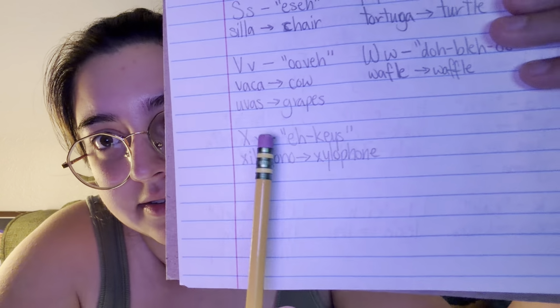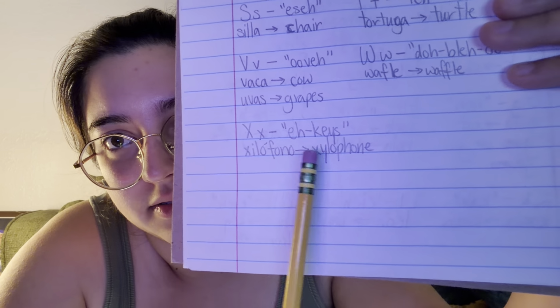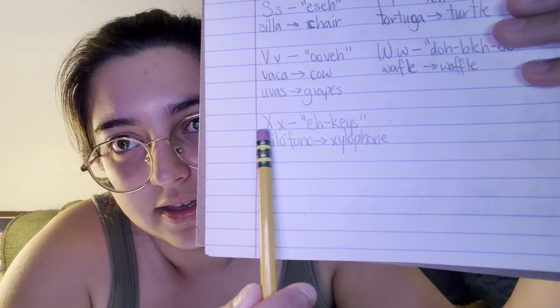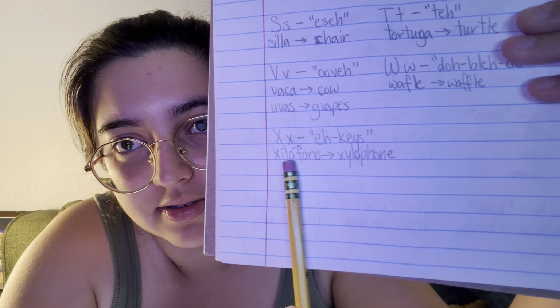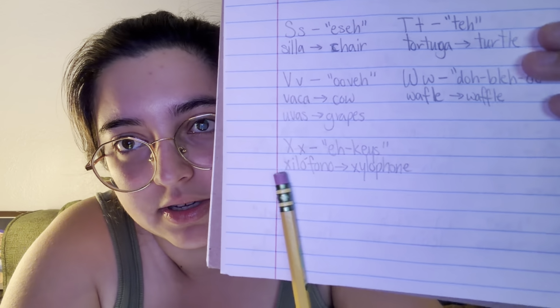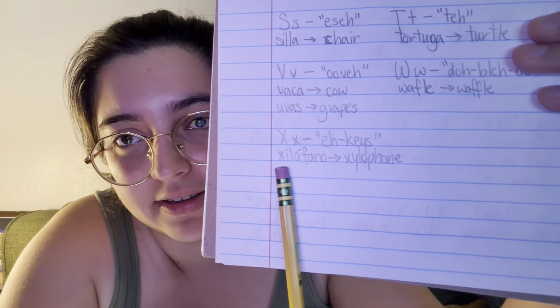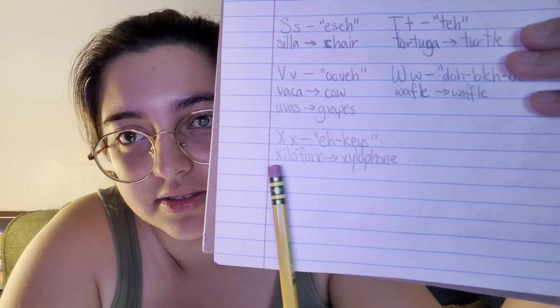So xilófono, xylophone. It does just have like an s sound, xilófono. Sometimes it'll have an h sound, but rarely does it have an x sound like it does in English.